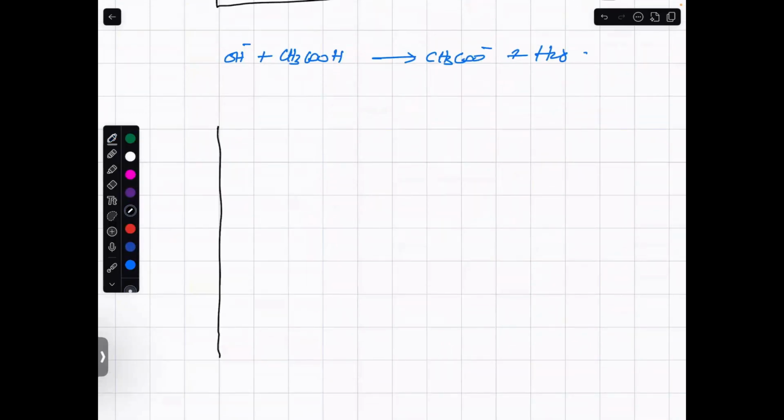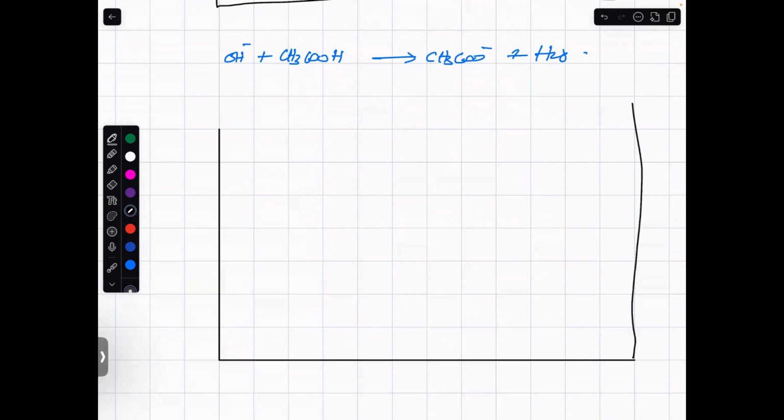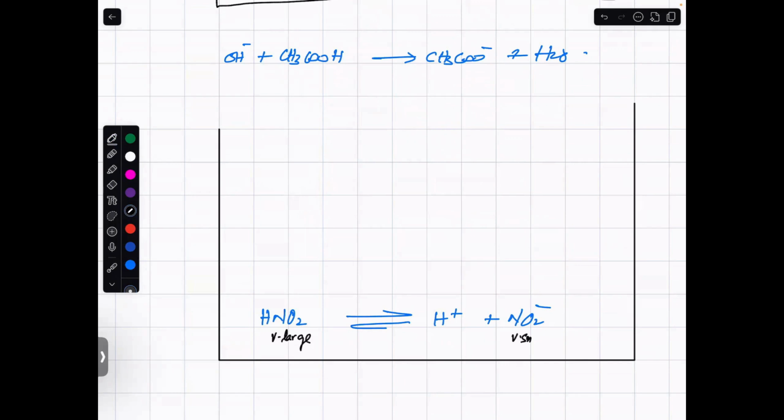Another explanation, another example. I have a weak acid, nitrous acid. It ionized partially. This is very large, but this is very small. Right?